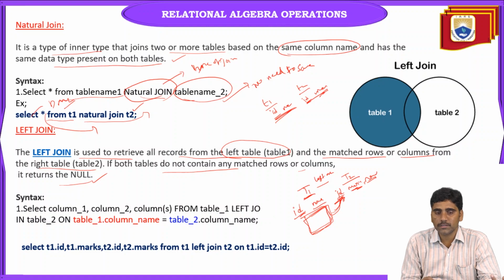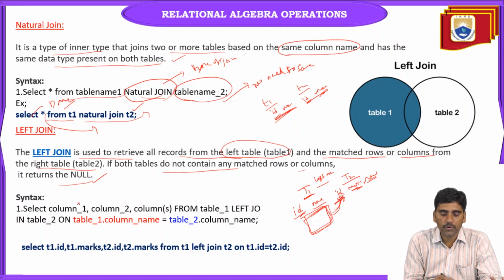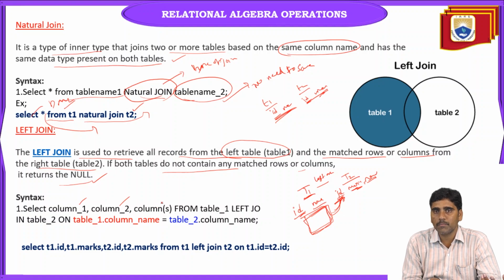Here is the syntax: select column name 1, column name 2, and so on. If you want to add more columns you can, or if you want to retrieve all columns, you write select star.